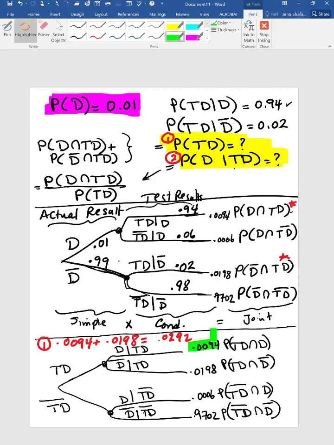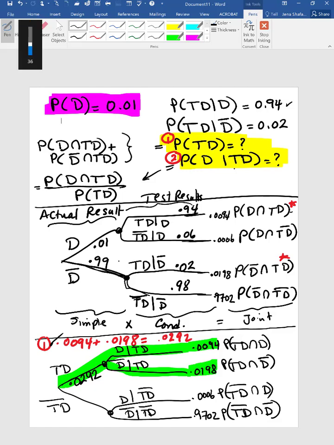Now you can see very easily that this number and this number both end up going to the same place. That's why the summation of these two numbers was 0.0292, which we answered right here.